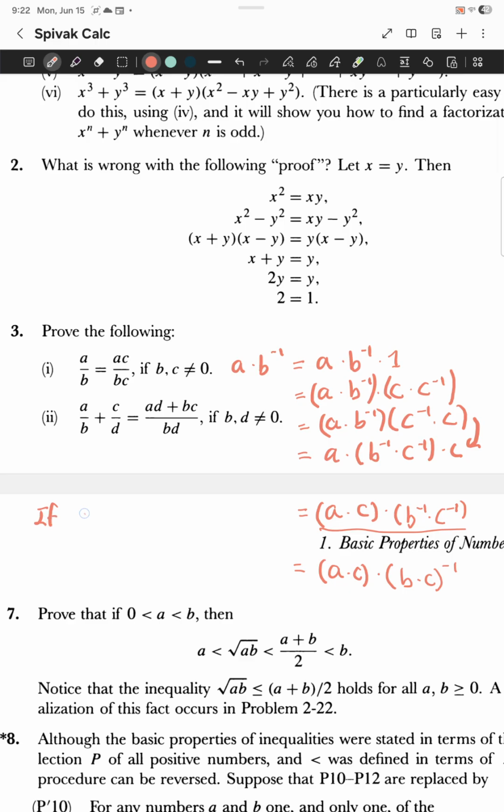If a, b are not equal to 0, then a to the power of -1 times b to the power of -1 is equal to (ab) to the power of -1.